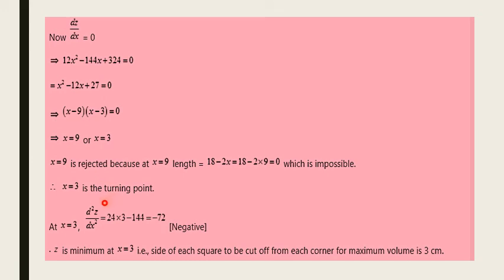This x equal to 3, we put in the second derivative and we see the sign: d2z by dx square is 24 into 3 minus 144, which is negative 72. So z, or volume, is maximum at x equal to 3. So the side of each square to be cut off from each corner for maximum volume is 3 centimeter. Okay, thank you.